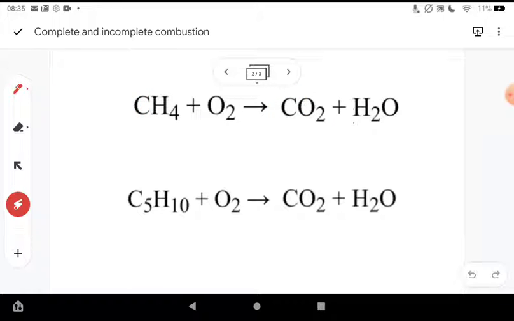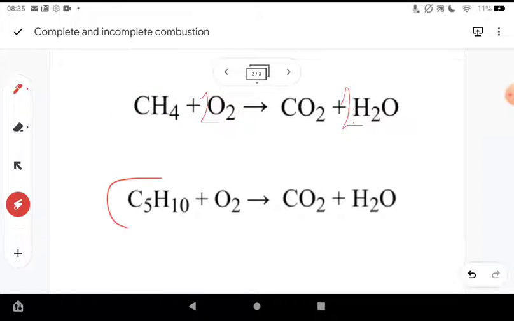I'm going to leave the oxygens until the end because they're in 2 molecules, so I'm going to balance out the hydrogens to start off with. That means I've got 2 oxygens here and 4 oxygens here, so I need 2 of those to give me 4 oxygens. So for every molecule of methane, I need 2 molecules of oxygen.